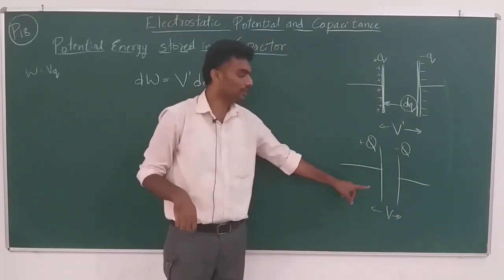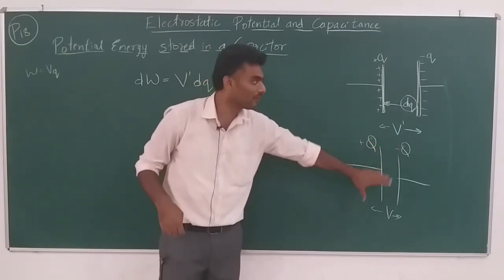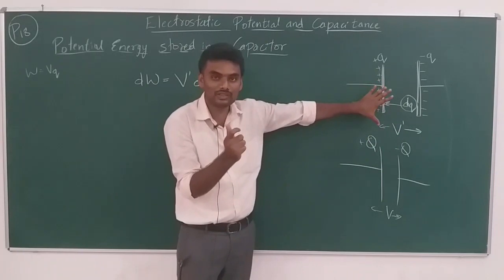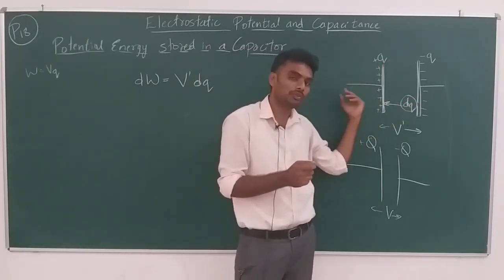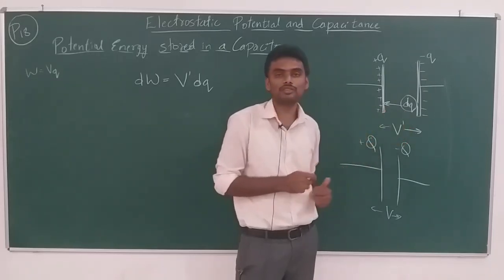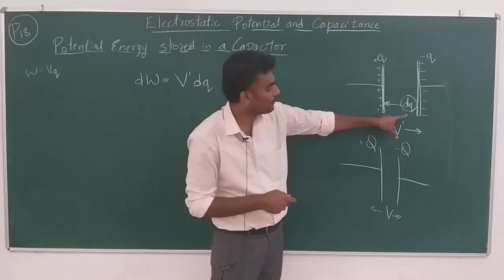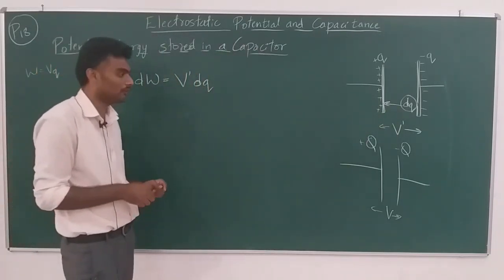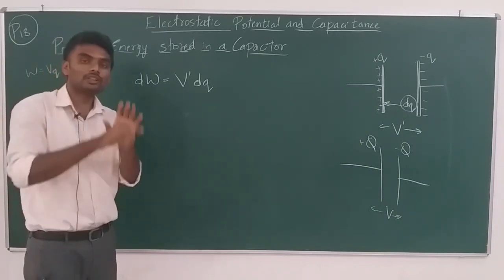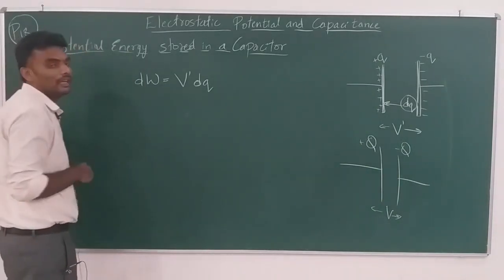Capital V and capital Q are the final, completely charged situation of the given capacitor. This is some intermediate situation, Q plus small q, and dq is still being pushed, with potential difference V dash. In order to push dq against that opposition we do this small amount of work, but I need the expression for the total work. So the total work can be obtained by integrating this.